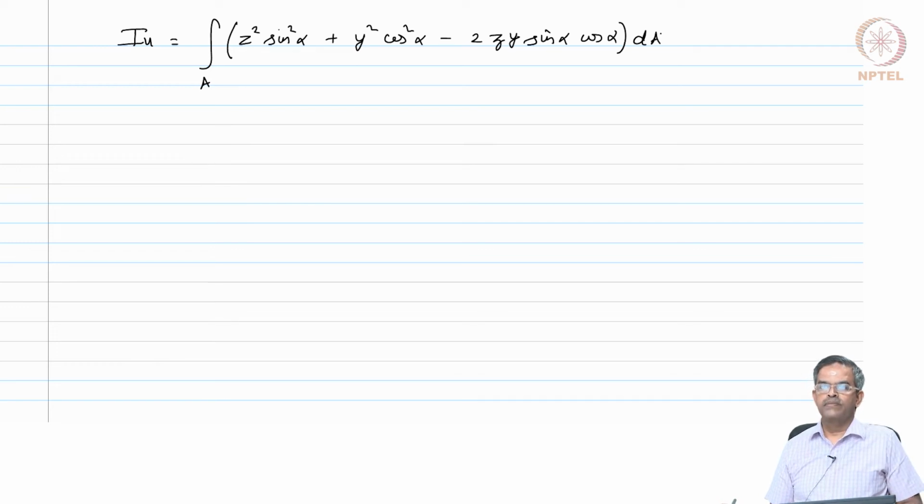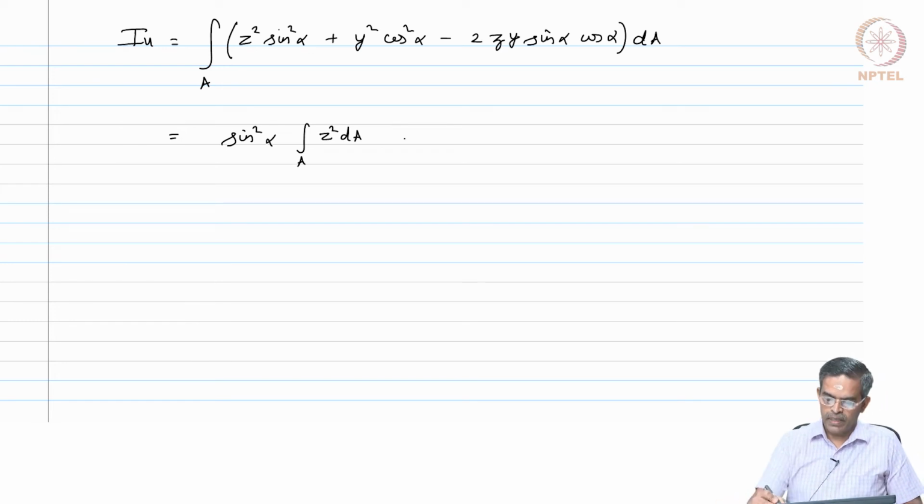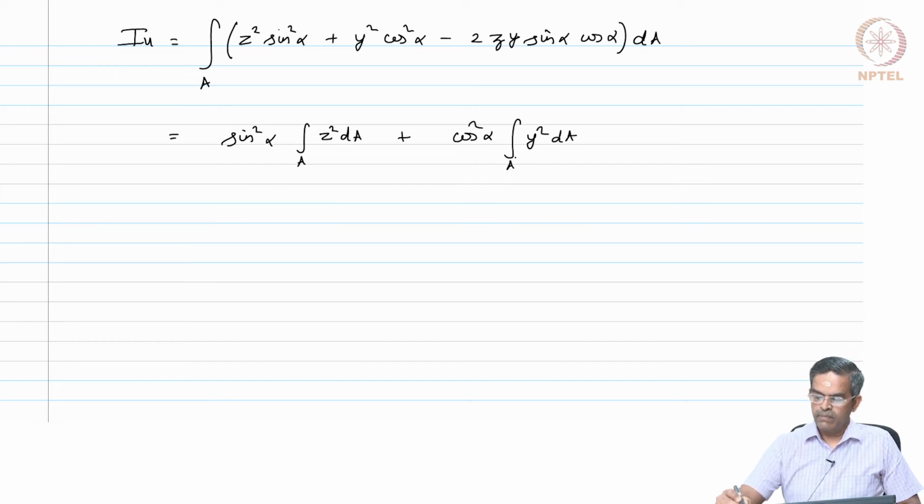Okay. So, which will be sin square alpha of the integral z square dA over the whole area A, plus cos square alpha of the integral y square dA over the whole area A, minus sin 2 alpha integral zy dA.